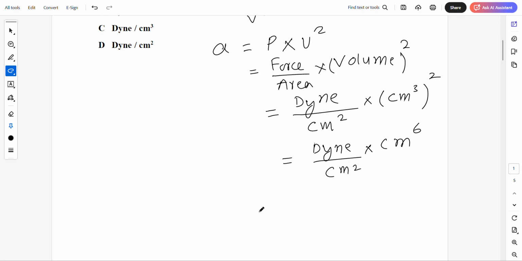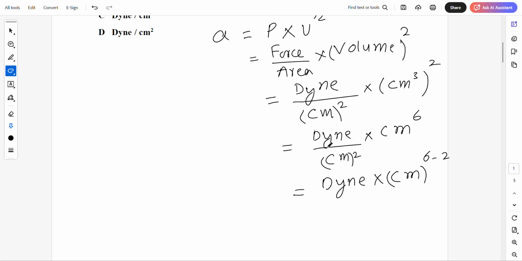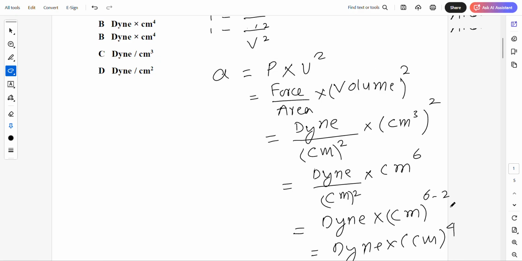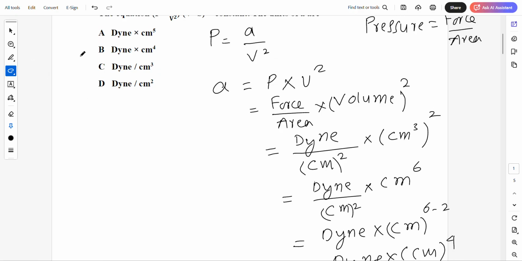Here I can just write down this one, dyne into centimeter to the power of 6 minus 2. That is equal to how much? Dyne into centimeter to the power of 4. It is the answer, dyne into centimeter to the power of 4.